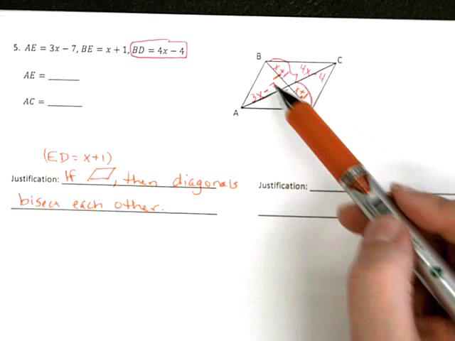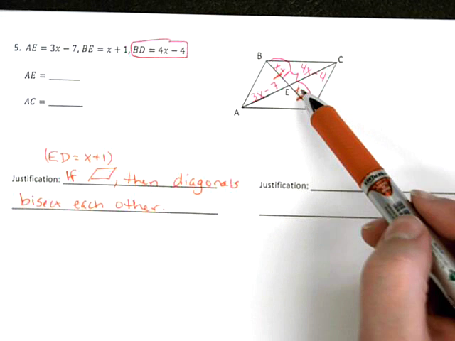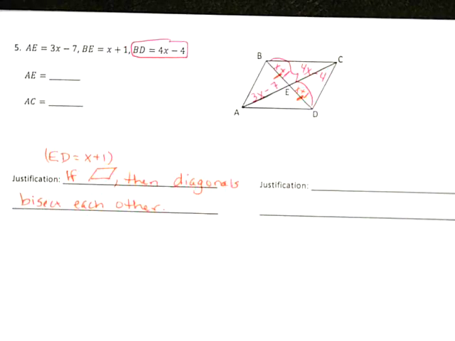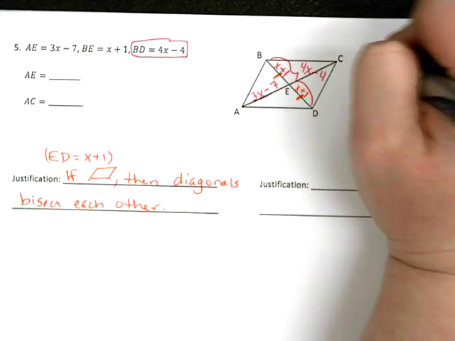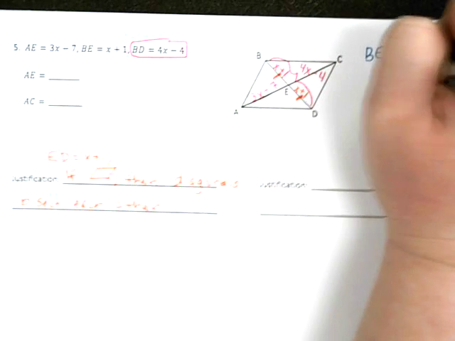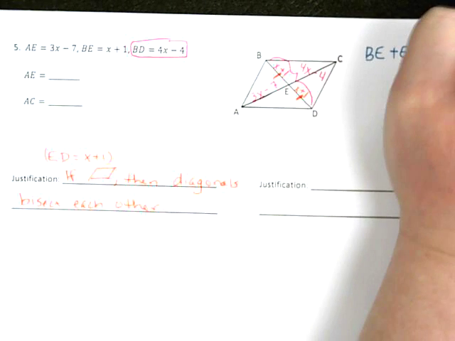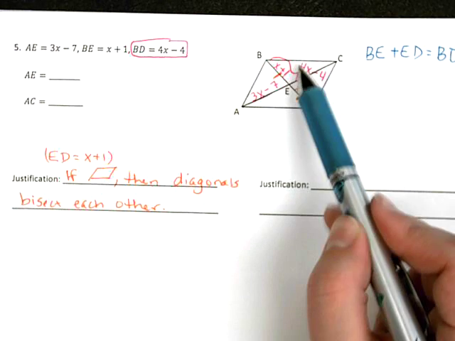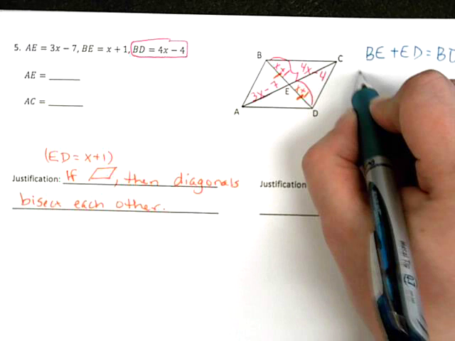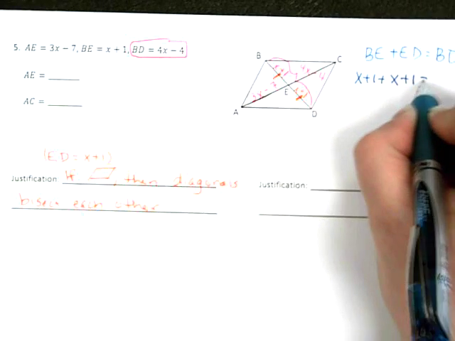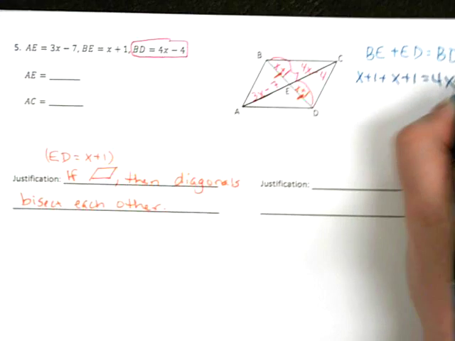So because I have BE, I know that ED has to be the same. Well, now I can go back to some of my stuff all the way back from chapter 1. I know that BE plus ED has to equal BD, right? I've got a small part, and I've got the whole. So now I can set up an equation. X plus 1 plus x plus 1 equals 4x minus 4.